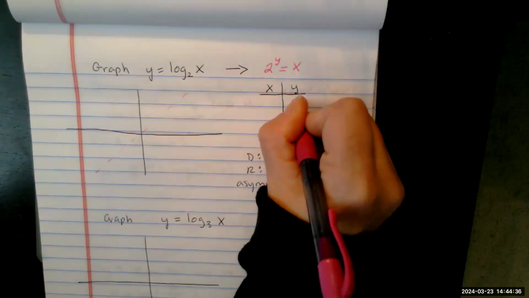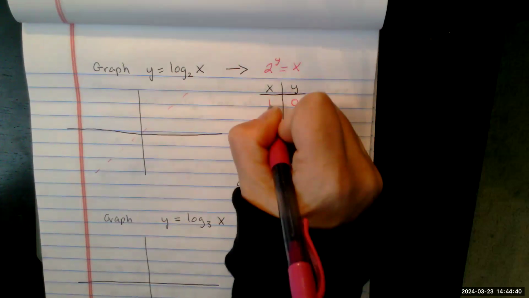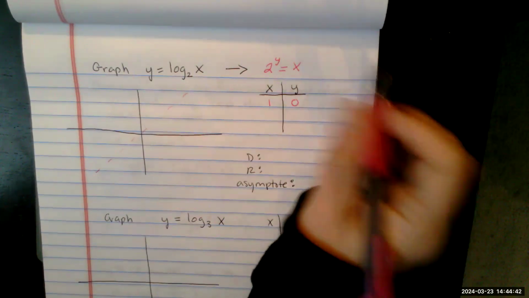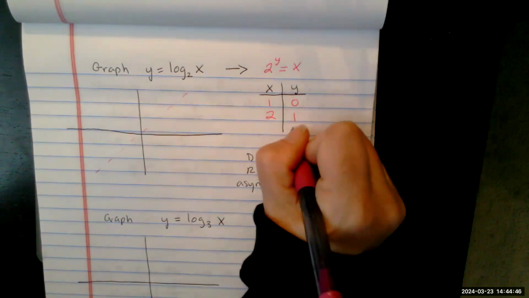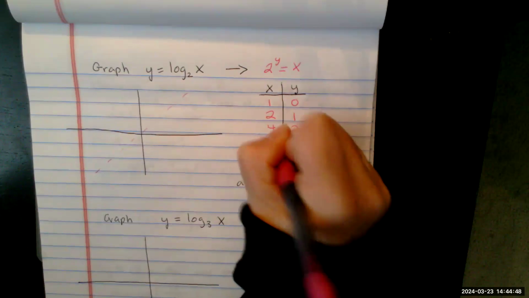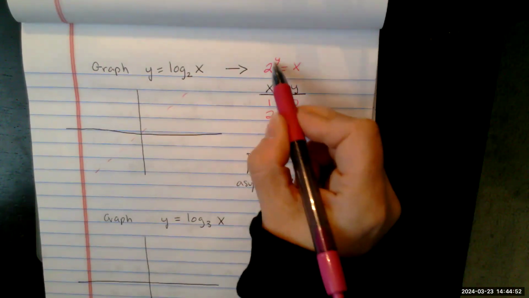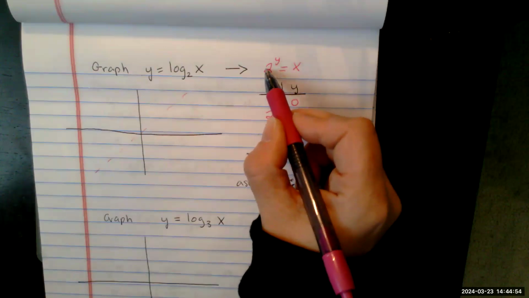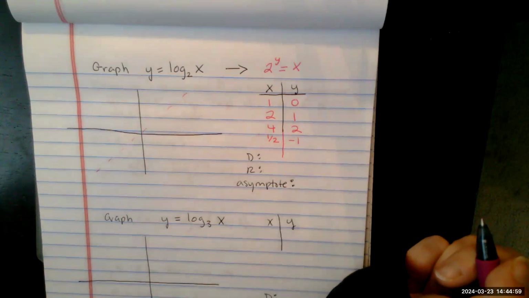So if I plugged a 0 in for the y, 2 to the 0 is 1. If I plugged in 1 for the y, I would get 2. If I plugged in 2, I'd get 4. Now let's go the other way. If I plugged in a -1 for y, 2 to the -1, remember, just means 1 over 2.